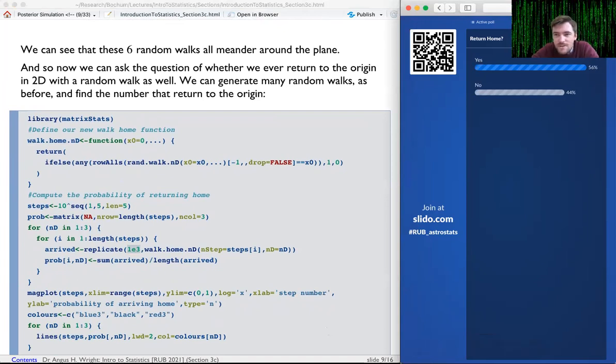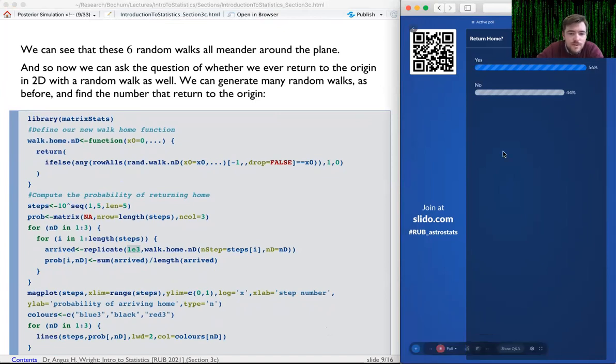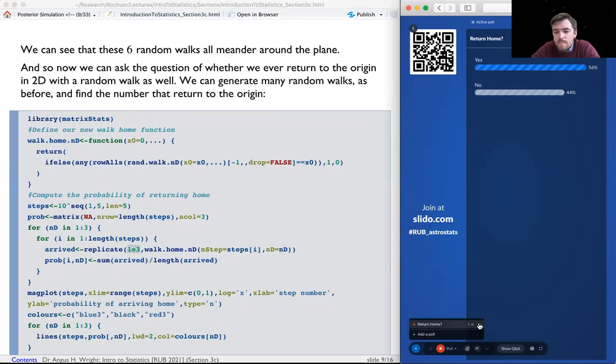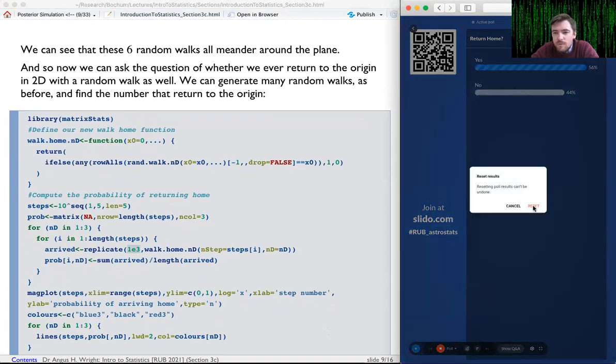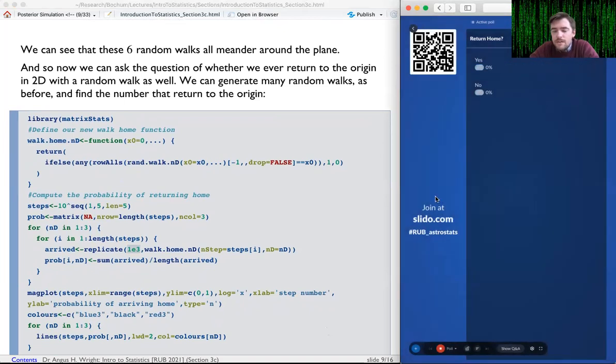The majority of you have said that, yes, you think that in an infinite number of steps, you will walk home in 2 dimensions. Before I show you the answers, I want you to answer one more poll for me. I want you to answer exactly the same poll, but now in 3 dimensions.